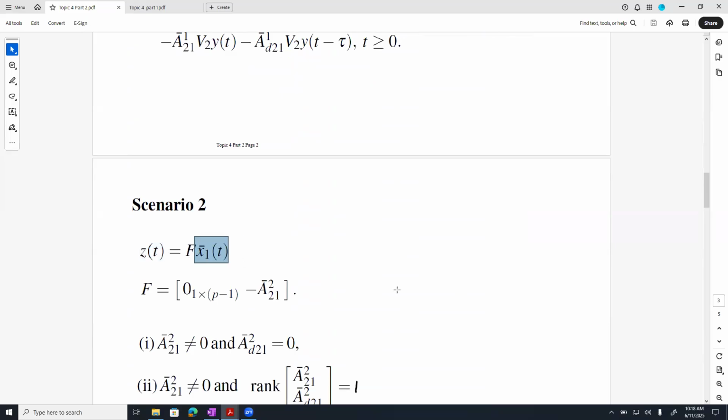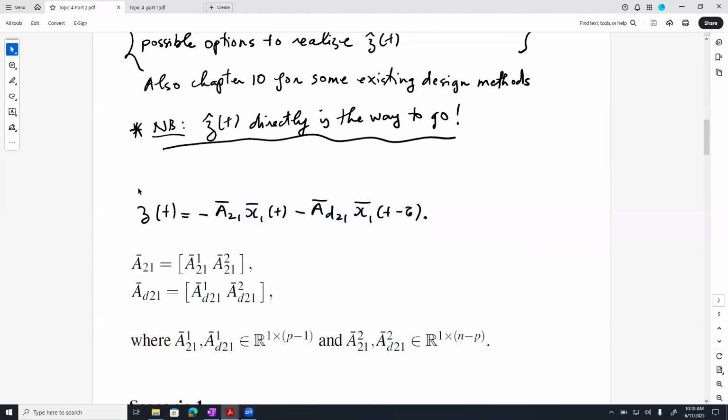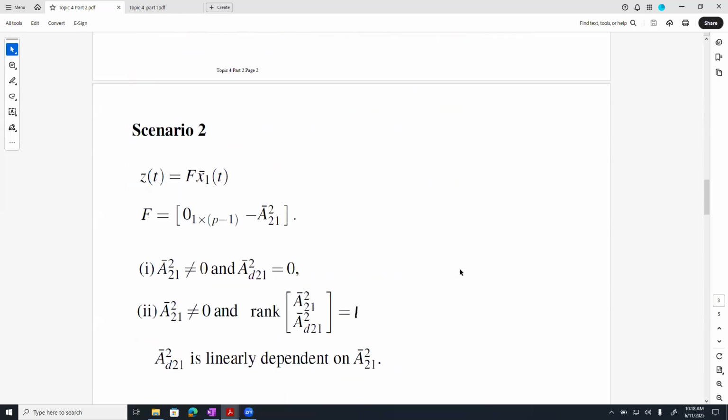There was no discussion about how to realize this term directly. Okay, so it's important to put that into perspective. So when we did that investigation, that's what we said: all right, let's exploit the structure of those submatrices, and then we come up with this functional observer.